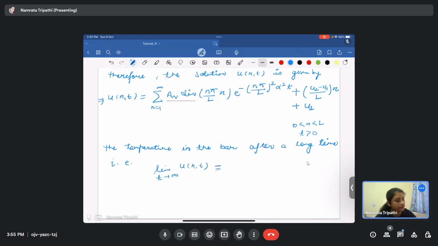When t tends to infinity, the first term will become 0. What will be the remaining terms? (u2 minus u1) upon L into x plus u1. So this is the temperature in the bar after a long time. Is there any doubt in this question?